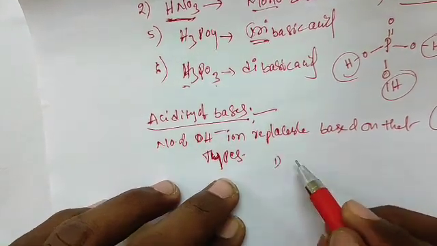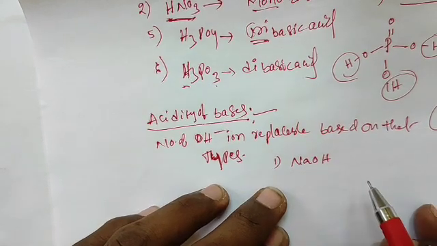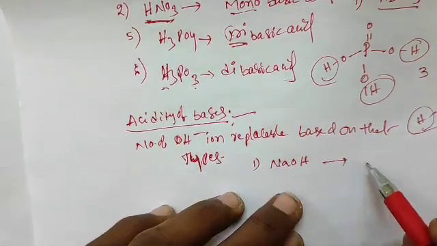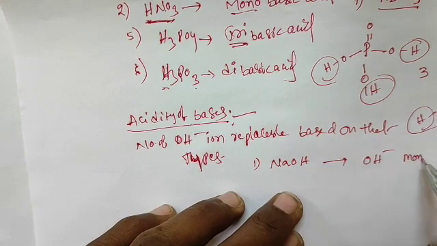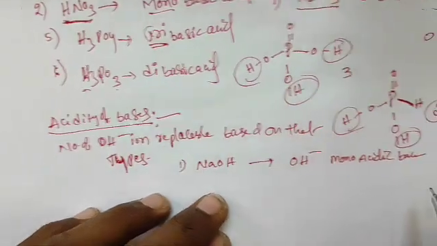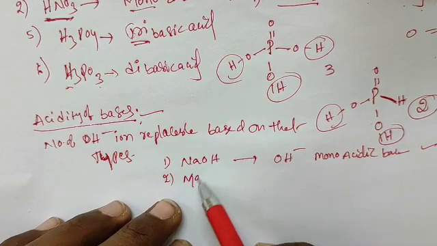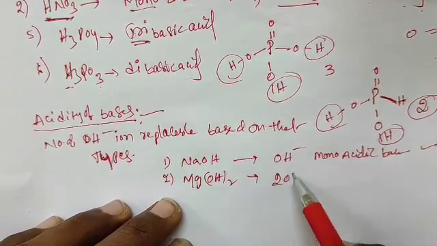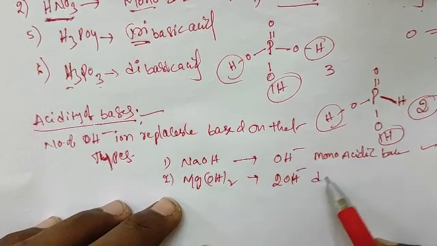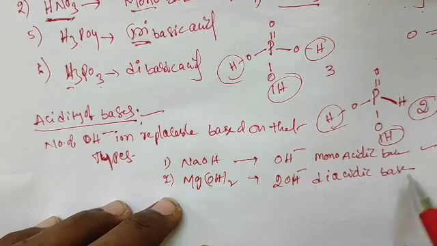Example one, we take NaOH, sodium hydroxide. NaOH has only one replaceable OH minus ion, so it is a mono acidic base. For example, Mg(OH)2, magnesium hydroxide, has two OH minus ions replaced, so this is a diacidic base.